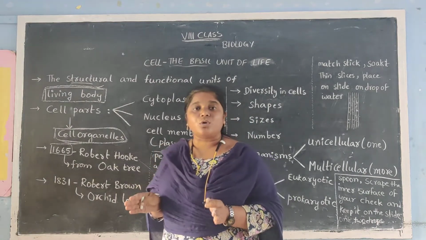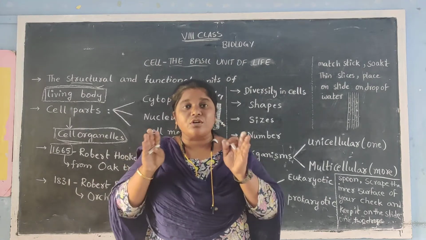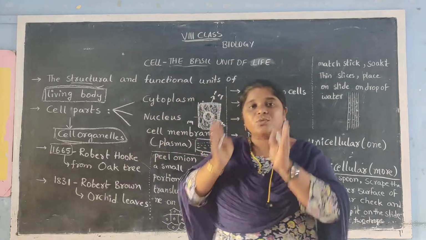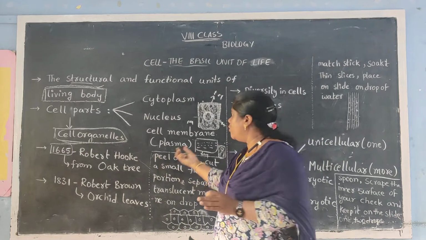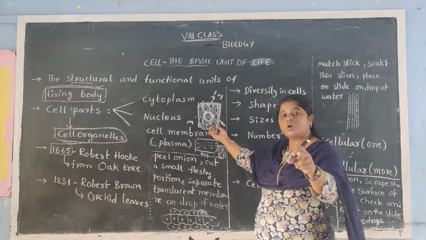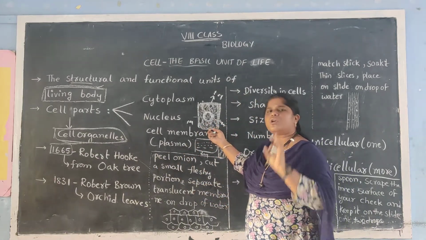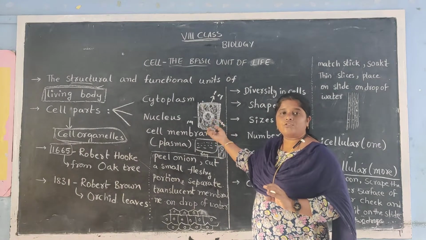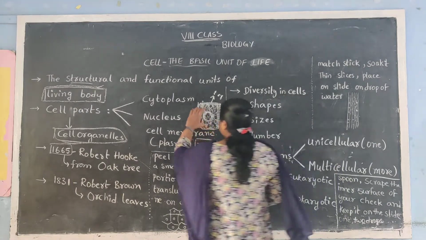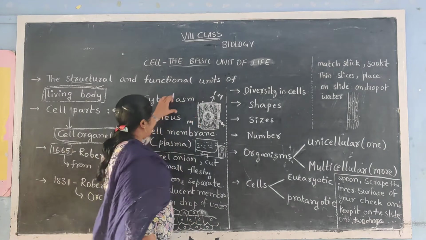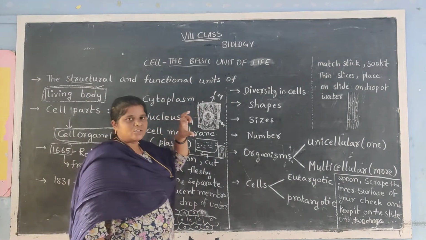That means it controls all the activities of the cell. All the activities are under the control of nucleus. So it is called as manager of the cell, or simply you can call it as leader of the cell. These three are called cell organelles, and these are the main parts of the cell.